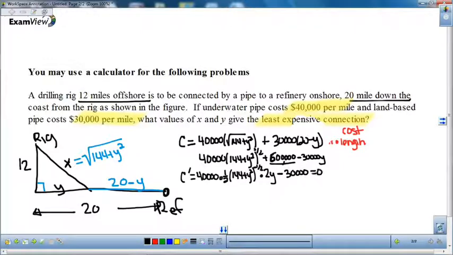So we're going to set that equal to 0 and solve for Y. The 1/2 and the 2 cancel. So I'm left with 40,000 Y over the square root of 144 plus Y squared. I'm going to add 30,000, just do it all in one step, and go ahead and cross multiply.